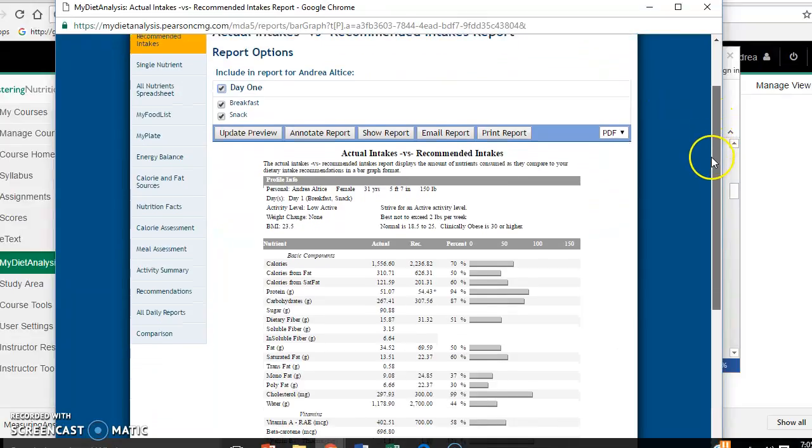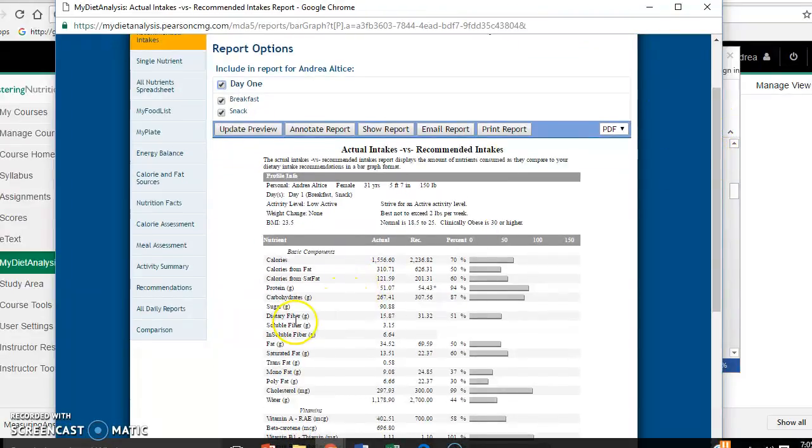So, here is the dietary fiber, and you see you have soluble fiber and insoluble fiber. Your answer needs to be with the dietary fiber, which in this case would be 15.87 grams.